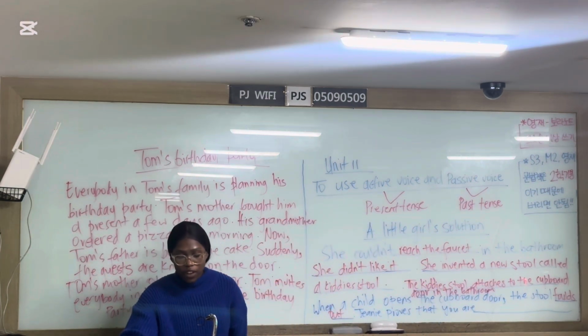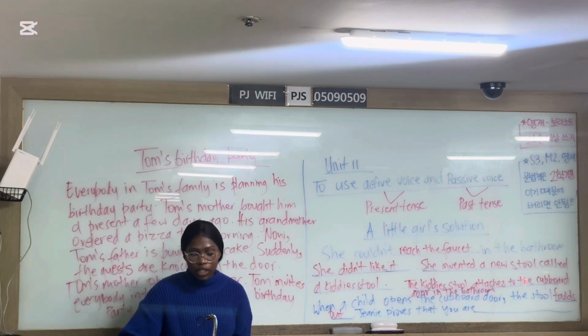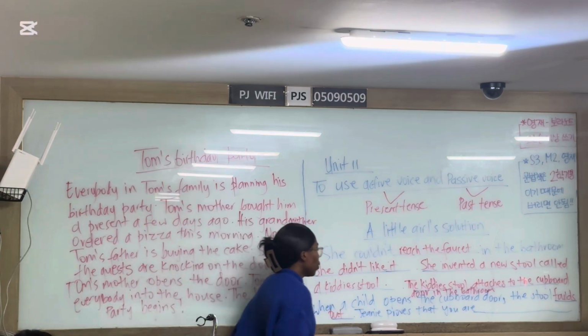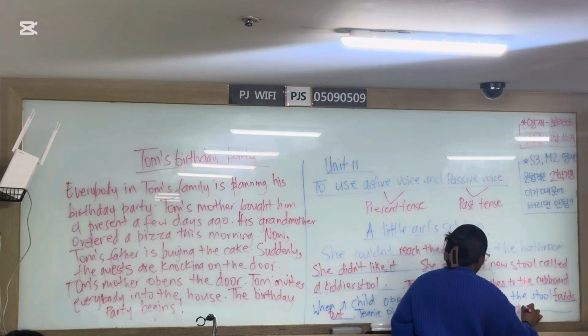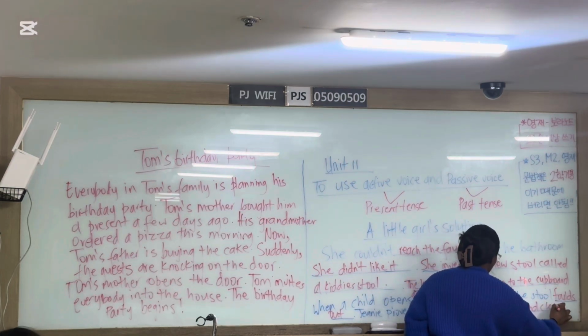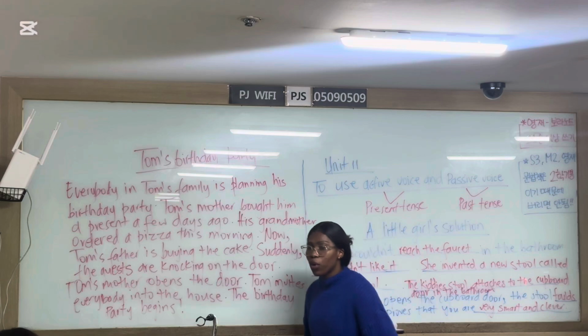Jenny won first place for her invention in a school competition. Jenny proves that you are dash to have a good idea. What did you guys say? Very smart and clever. Good. You are very smart and clever. Okay, so you can use any other words.